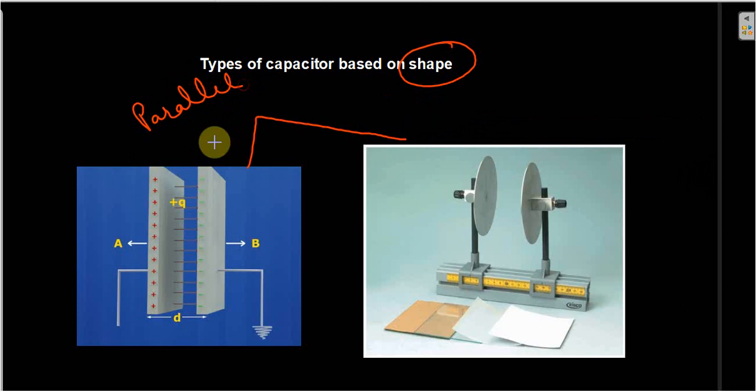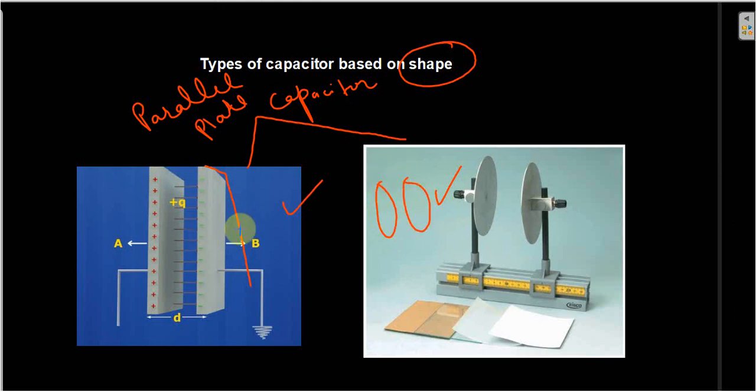You can see the diagram. In the first diagram there are two parallel plates, and in this case these two plates are rectangular in shape, but in this case these two plates are spherical in shape. So both are parallel plate capacitors, one having rectangular plates, the other spherical plates.